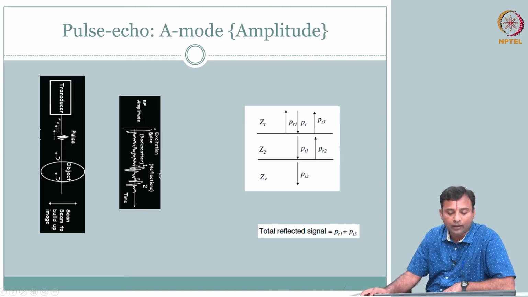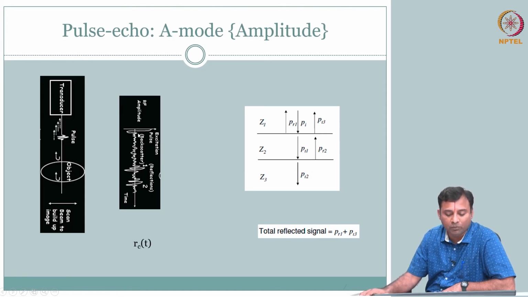This is the pulse that you sent, I get the first echo at some time t1, I get a second echo at time t2. Based on velocity and the time, you can always calculate your z. So you can tell where is the location of your first echo, where is the location of your second echo. Simple signal processing, peak detection.